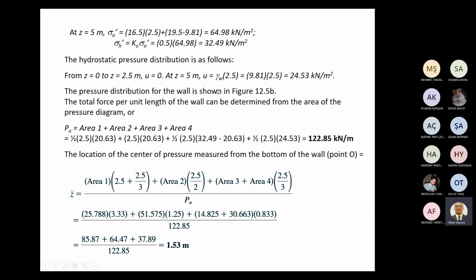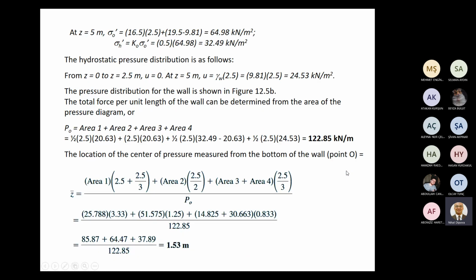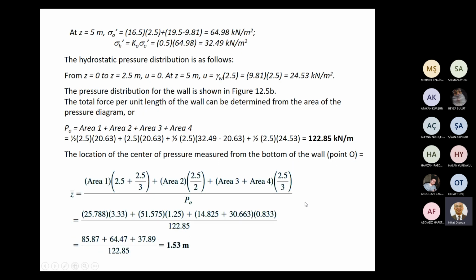Under the groundwater table, down to 5 meters, pore pressure will increase to 24.53. The pressure distribution for the wall, both total stress and effective pore pressure, is shown in this figure.